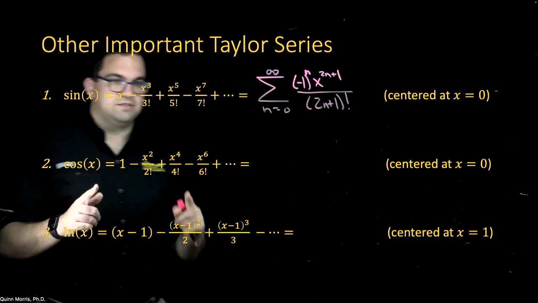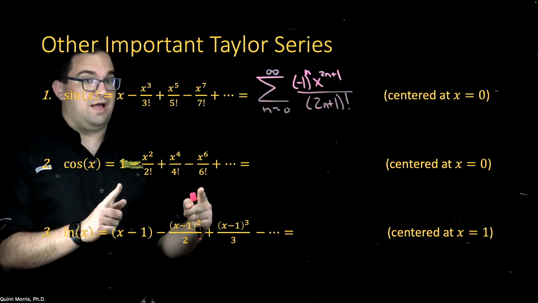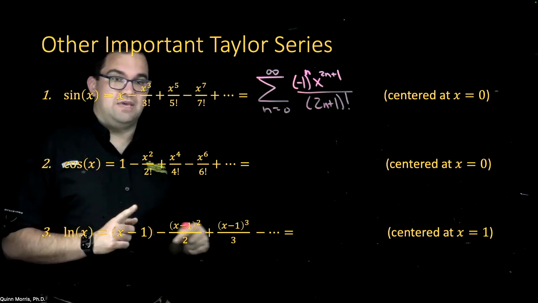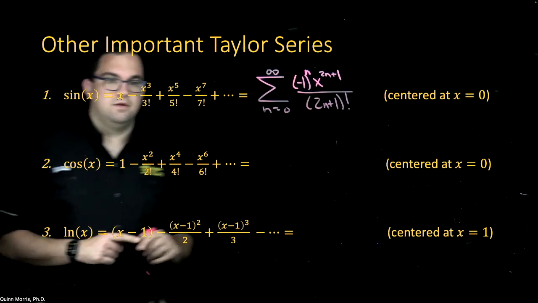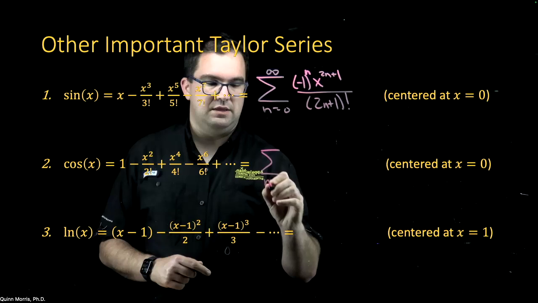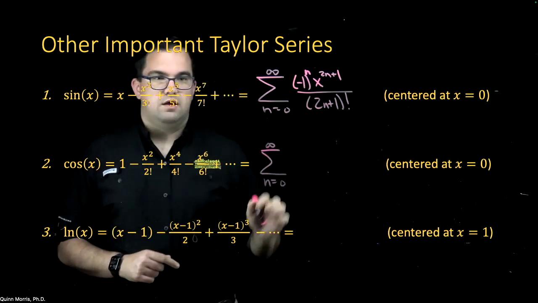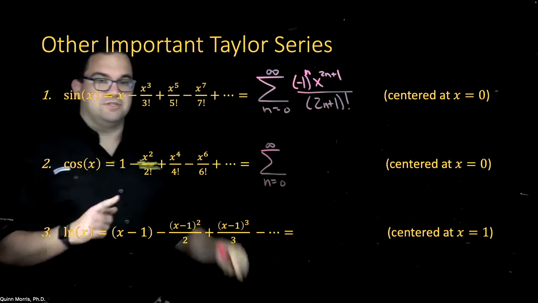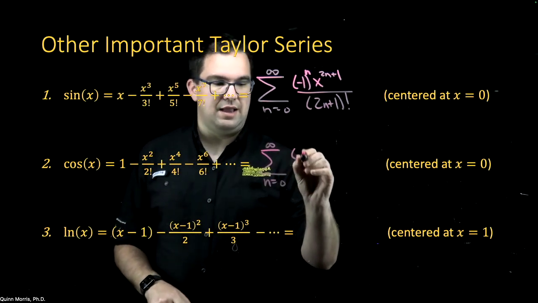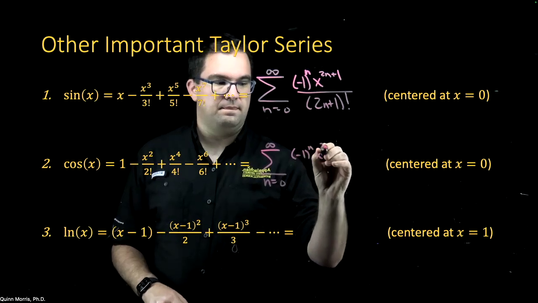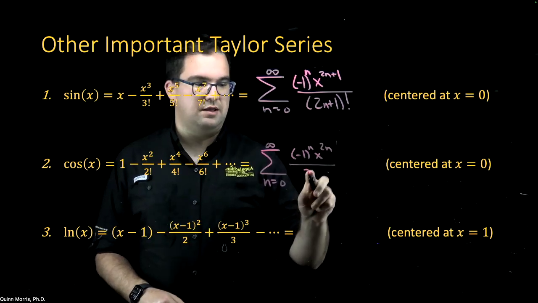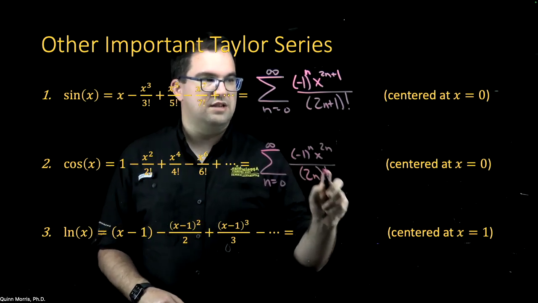Now, for cosine of x, you'll see these first 4 terms look exactly like the degree 6 Taylor polynomial that we wrote down earlier, but we just need to keep following that pattern. So I'm going to get a sum from n equals 0 to infinity. Unlike this one where I only had the odd powers, here I want just the even powers. So this is going to be nearly identical, except I'm going to have a 2n instead of a 2n plus 1.